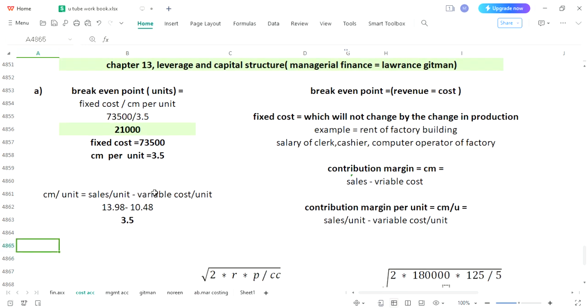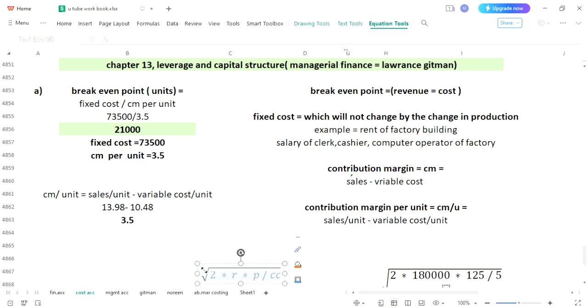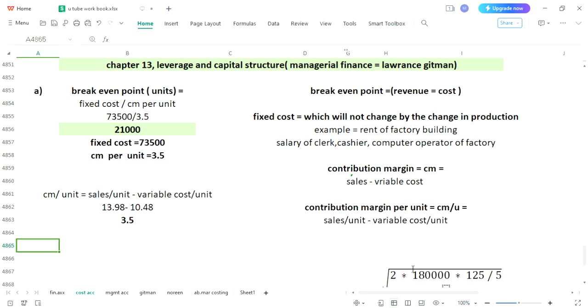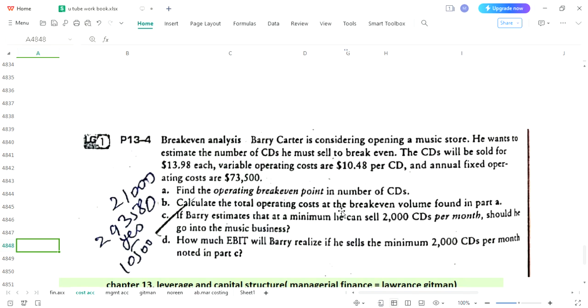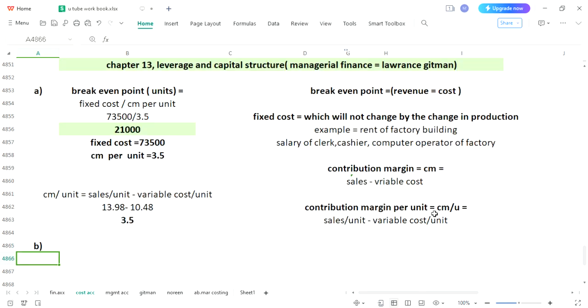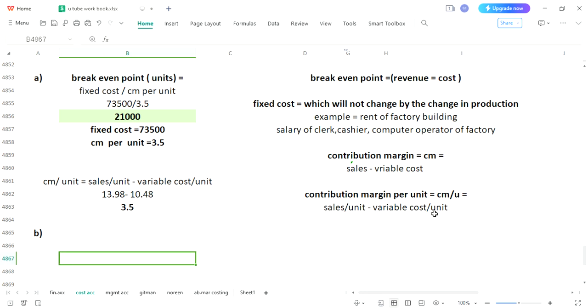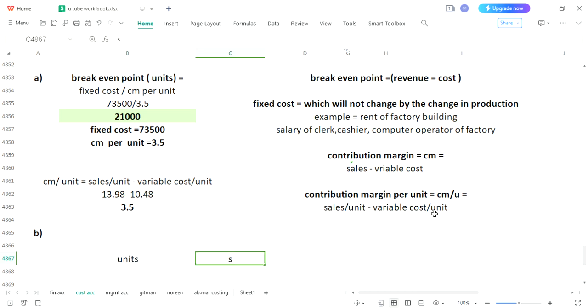There are a few older things also present over here. They are unnecessary to be here. Let's delete them. Okay, let's talk about what is our B point. Calculate total operating cost at the break-even volume found in part A. Total operating cost. For that you will have to work a bit. What you need is number of units, and then you will see how much is your sales amount.